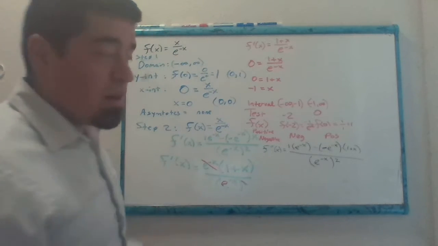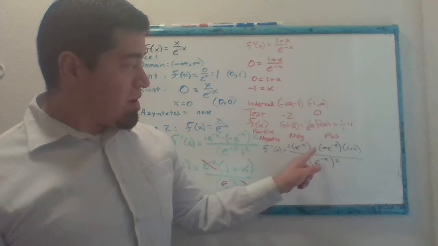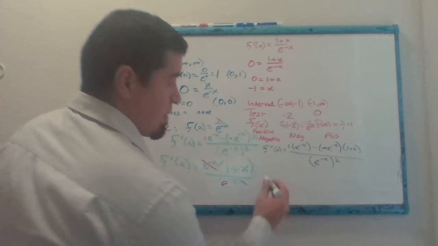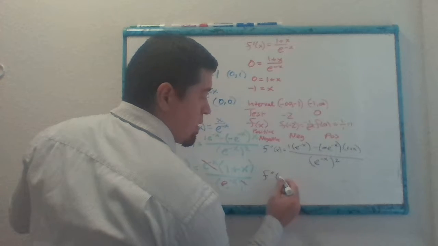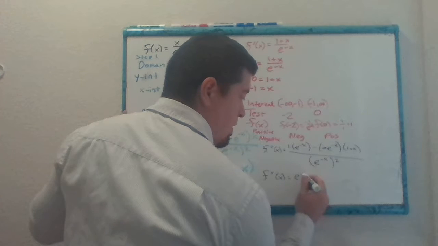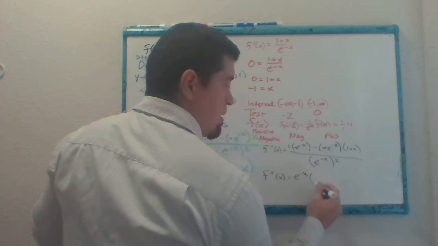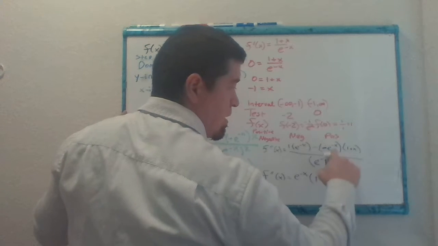A similar thing will happen like in the last one. You'll be able to factor out the e to the negative x. So we'll end up with e to the negative x on the outside, and that's going to be left with 1. That turns to plus.